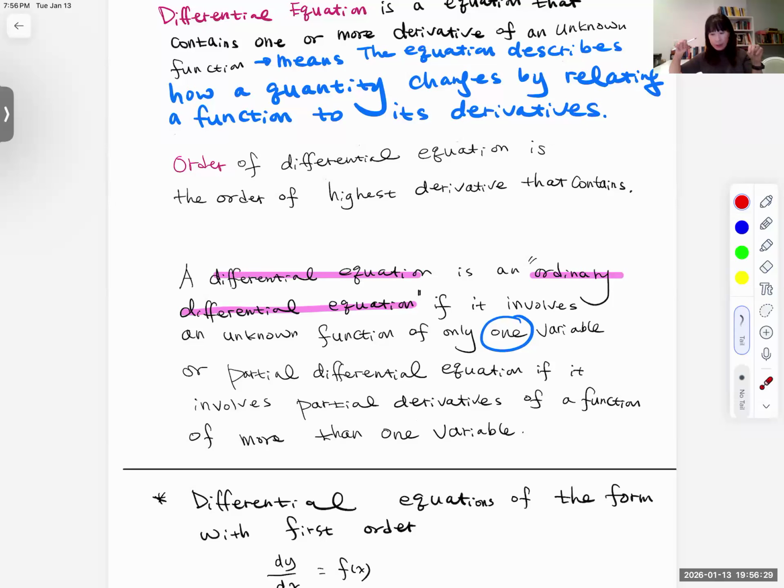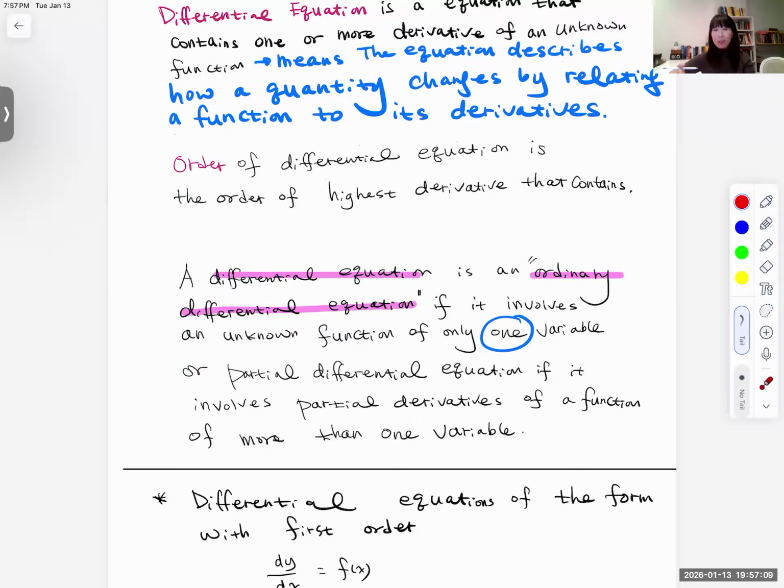Okay. Now, in this course, we have only ordinary differential equations, so the word ordinary is omitted. That's why we just call it differential equation, right? So we are learning only ordinary. What does ordinary mean? An ordinary differential equation involves an unknown function of only one variable, and then we have another type, which is partial differential equation, with derivatives in more than one variable.